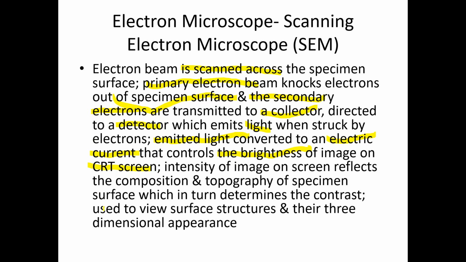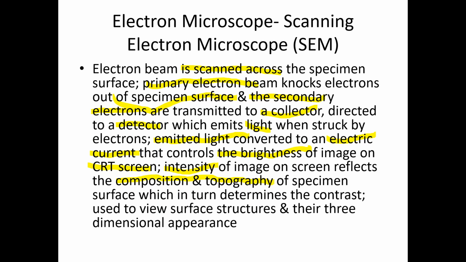Fine. Now the intensity of image reflects the composition and topography of specimen. So we will get a proper picture of how the specimen looks like. What is the composition of specimen? What are all the various biochemical layers? Its composition. Topography. Topography means surface structures of specimen.